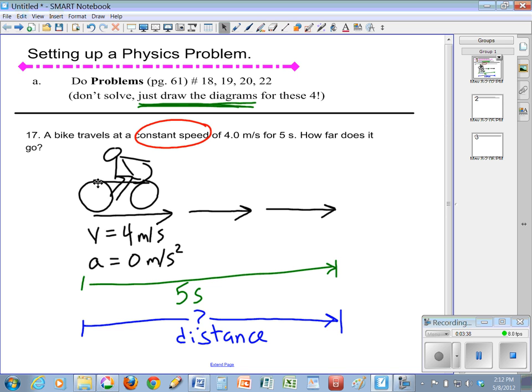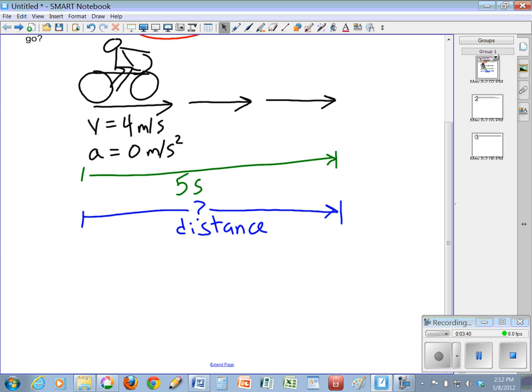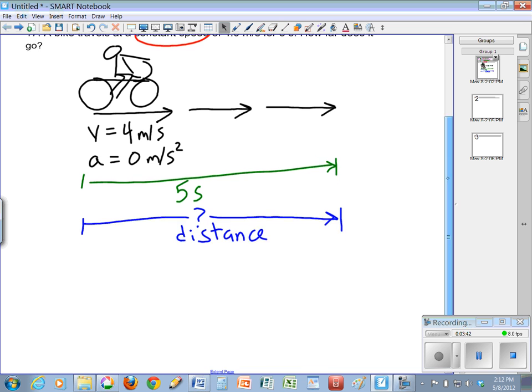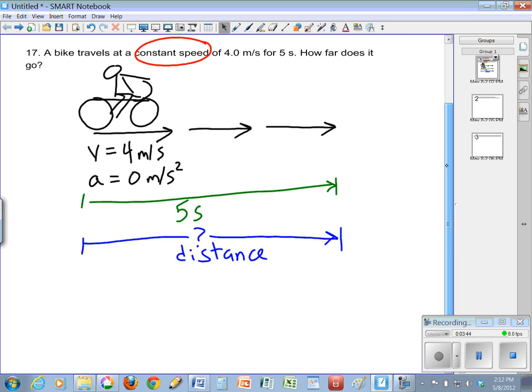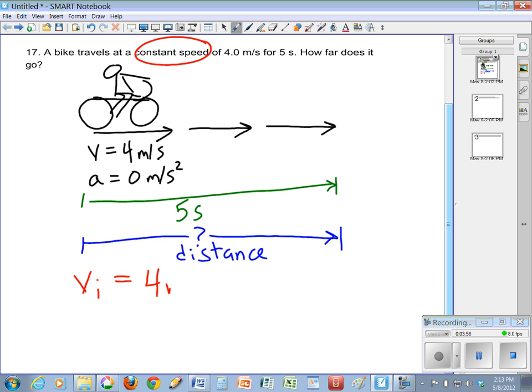I'd like you to take it a step further and use the information that is being given here. Write down what you do know. You know that the initial velocity, so I'm going to use red here, I'll use I for initial, is 4 meters per second. And the final velocity, F for final, is also 4 meters per second.